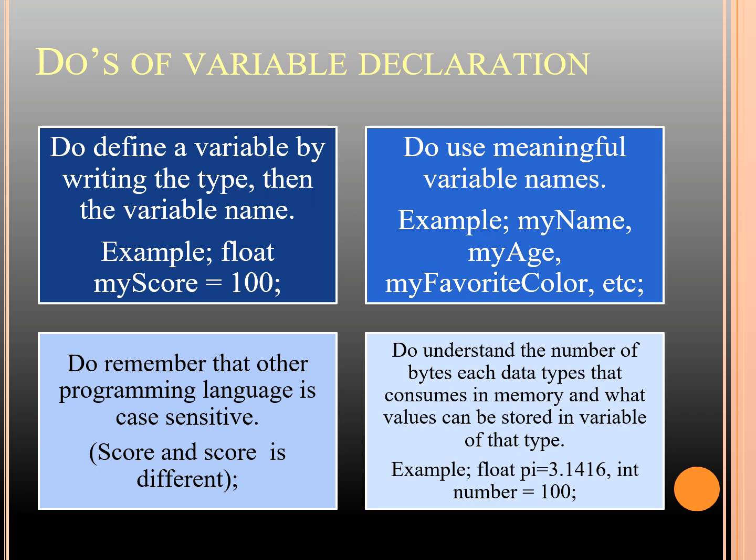And also, do understand the number of bytes each data type consumes in memory, and what value can be stored in a variable of that type. So we have an example here for float: the value of pi is 3.1416, and for int, number is equal to 100.